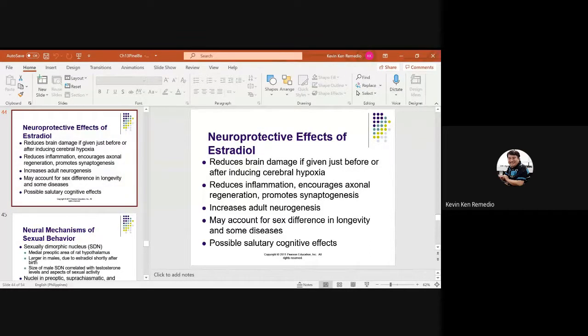So, one of the things discovered in research, class, is that estradiol is one of the reasons why females are expected to live longer compared to males. That is one of the findings in the research literature. Also, possible beneficial cognitive effects of estradiol.